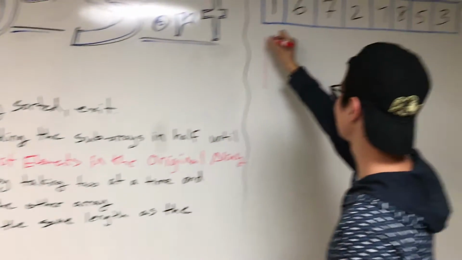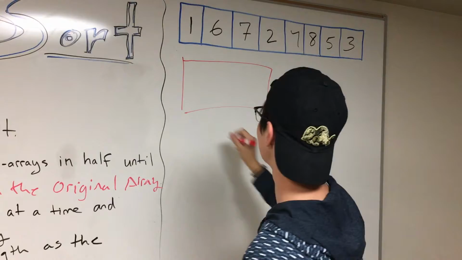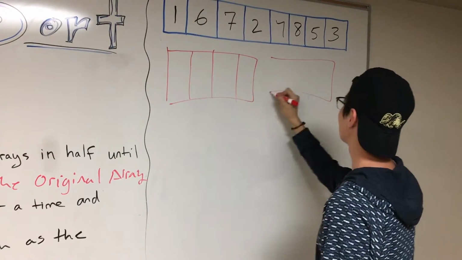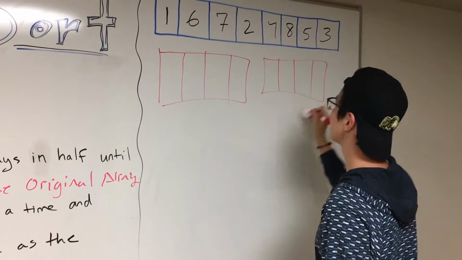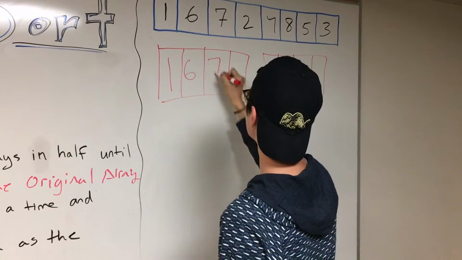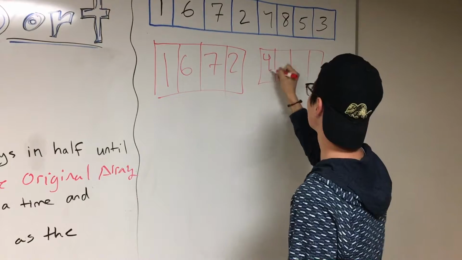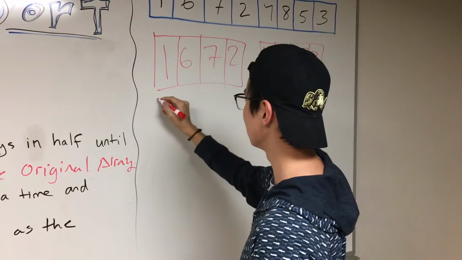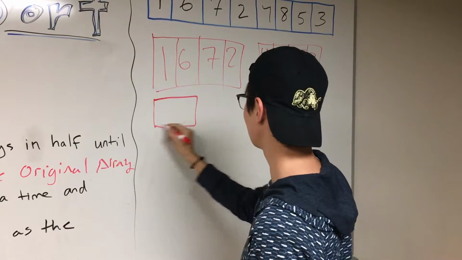So you start by dividing the original array in half. Then you divide those subarrays in half.